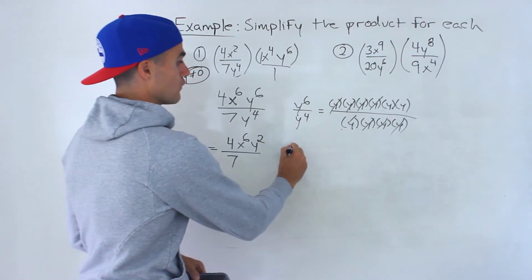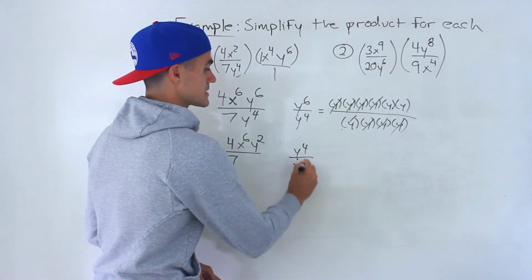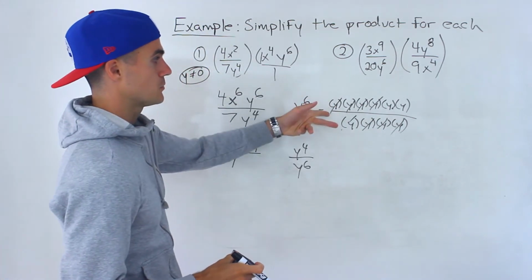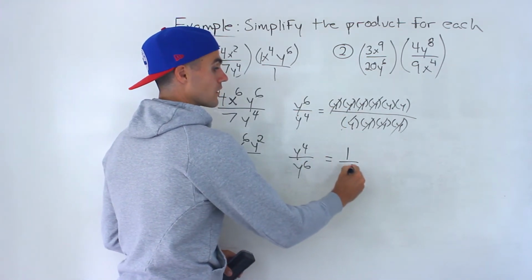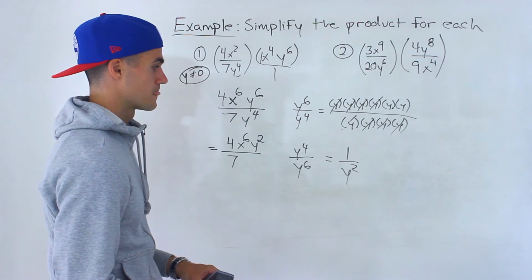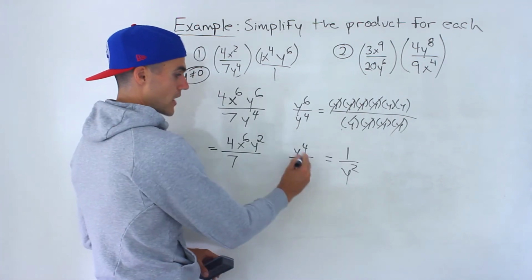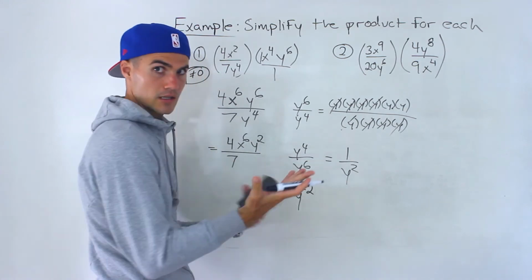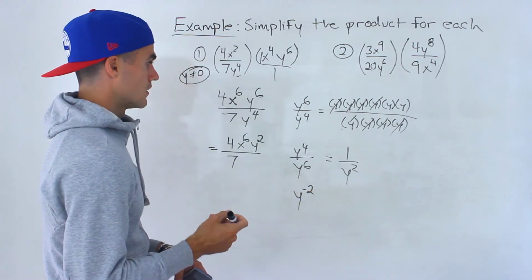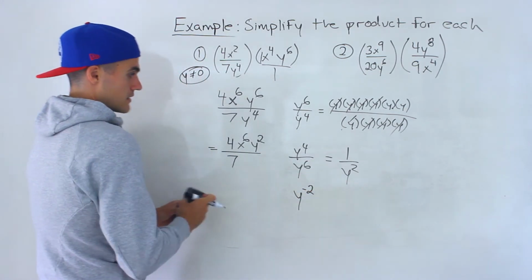If it was y to the 4 over y to the 6, these two would be inverted and there would be 2 y's left at the bottom, so it'd be 1 over y squared. Or if you subtracted these, we'd have y to the negative 2, which ends up being that using the exponent rules. All right, so this here ends up being the final answer.